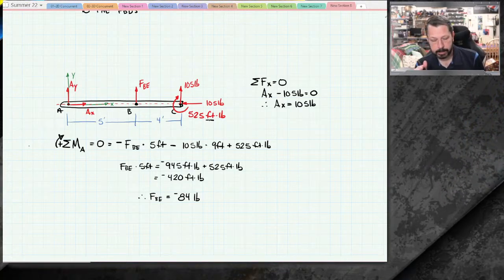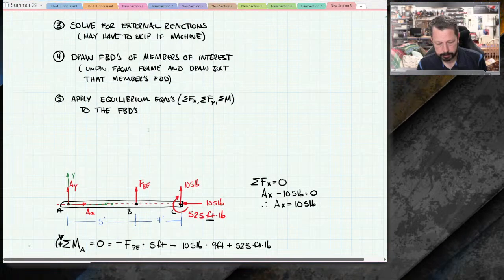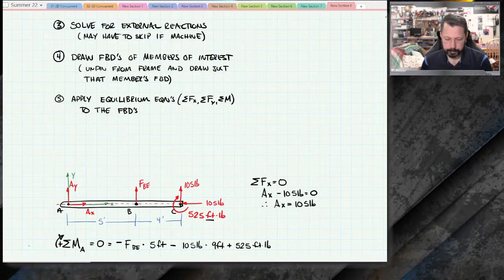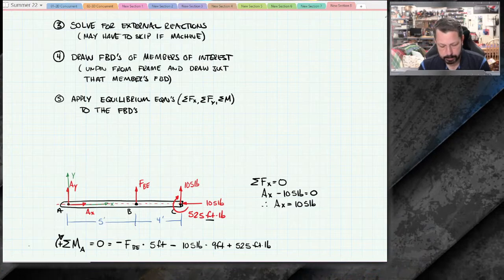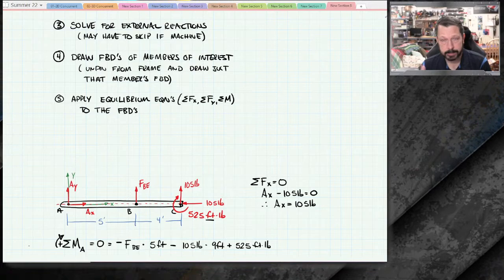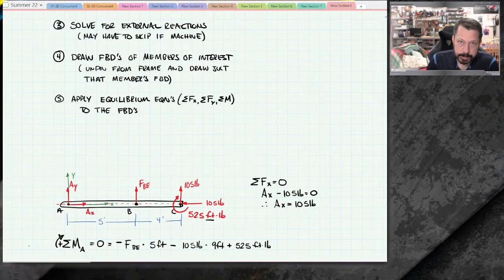That can get confusing also. I gave a little spot here to draw the free body diagram of BE. So once you've already established some directions here, like I chose directions for AX, AY, and BE as soon as I drew this free body diagram, that kind of sets them for the whole system.